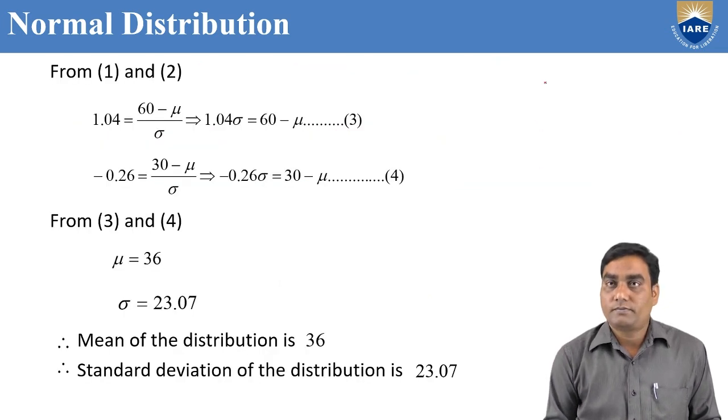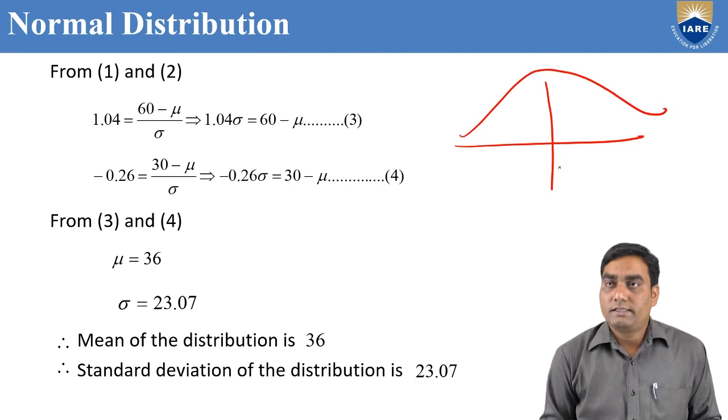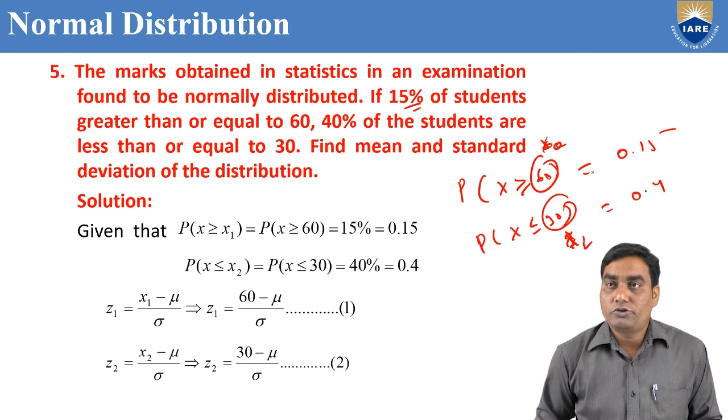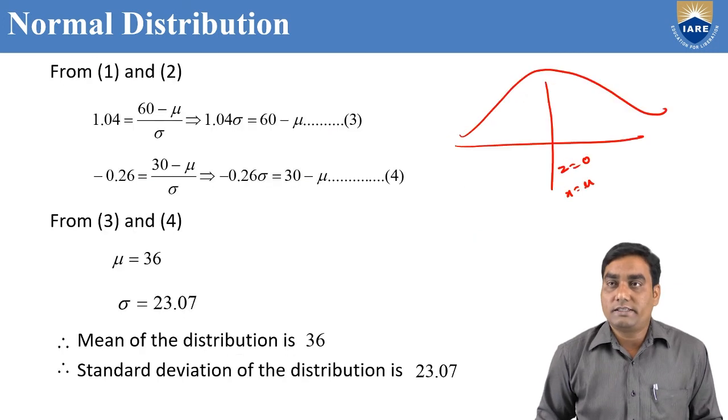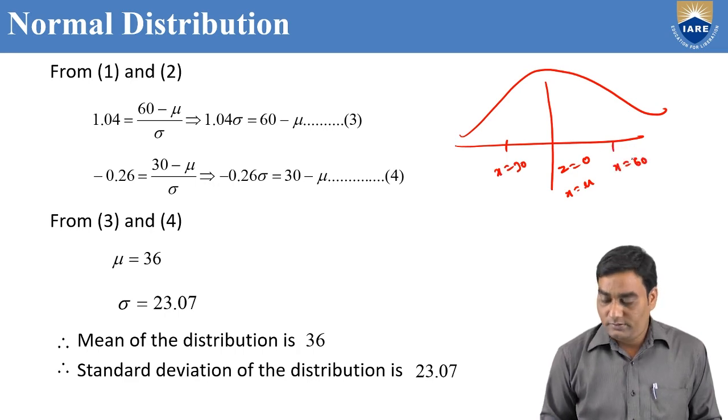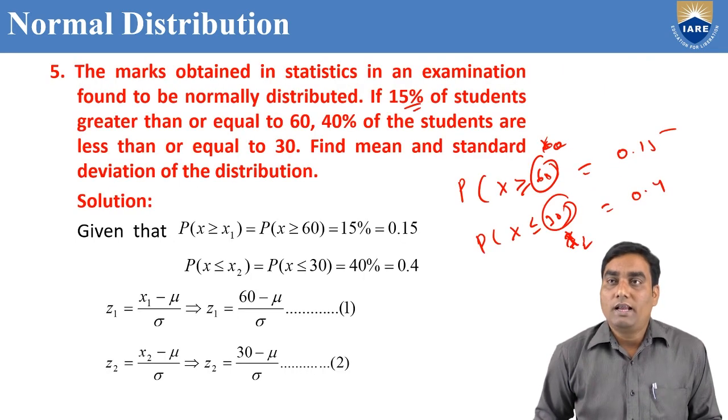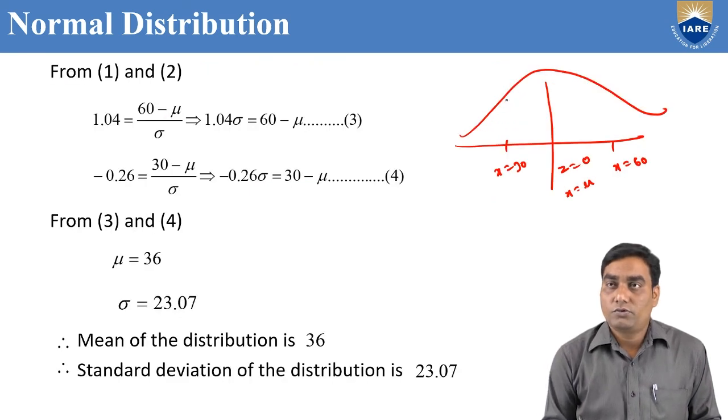See, this is Z equal to 0, X equal to mu. What is the question? Greater than or equal to 60? So X equal to 30, X equal to 60. How? Less than or equal to 30 is 0.4. This 0.4 is given.